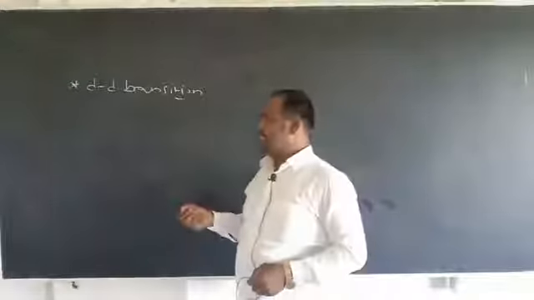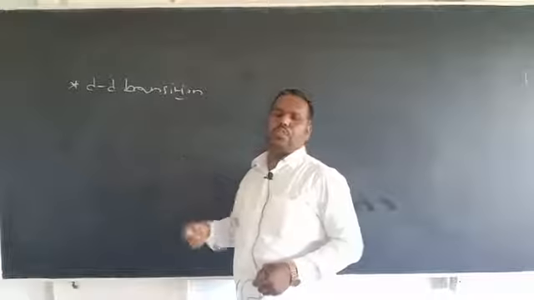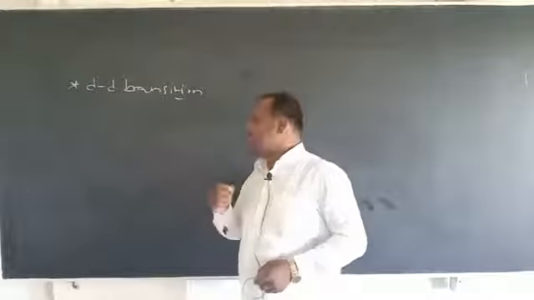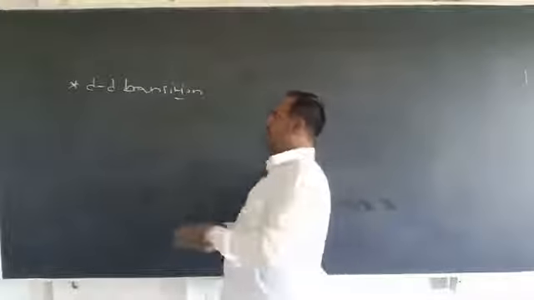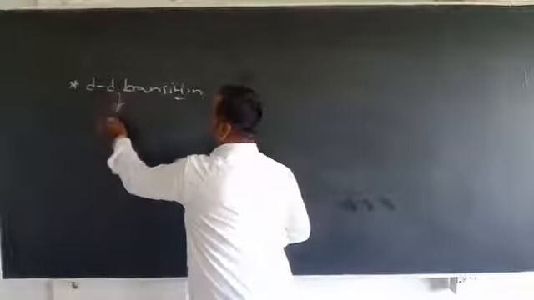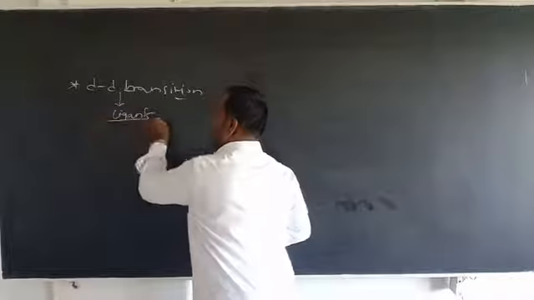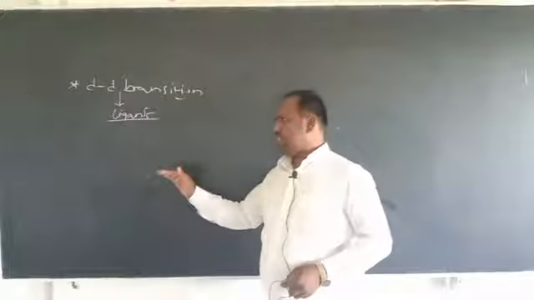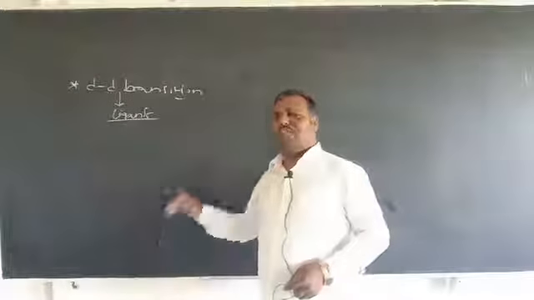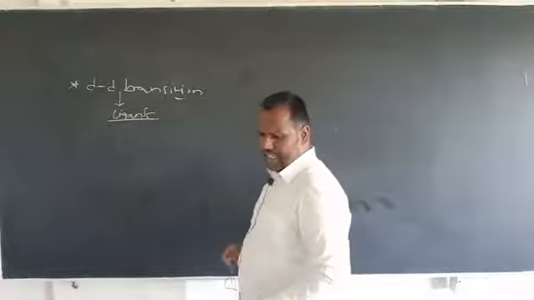The transfer of an electron from the lower energy t2g orbital to the higher energy eg orbital is considered a d-d transition. For d-d transitions we require ligands, because ligands split the d orbital into two orbitals. So ligand is very important.